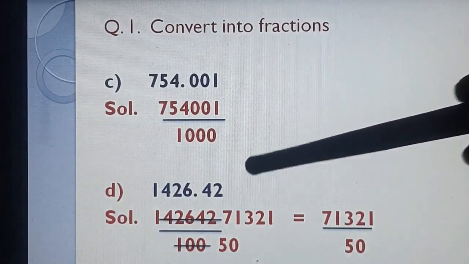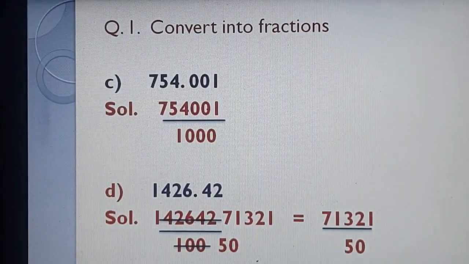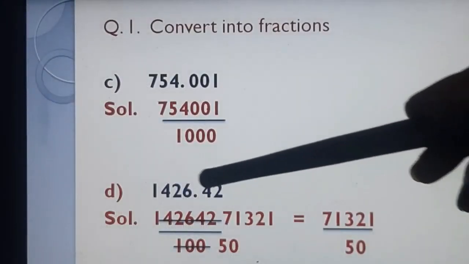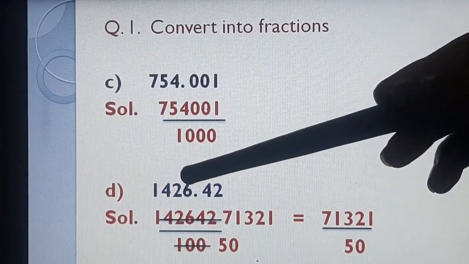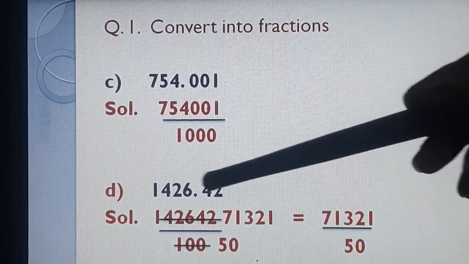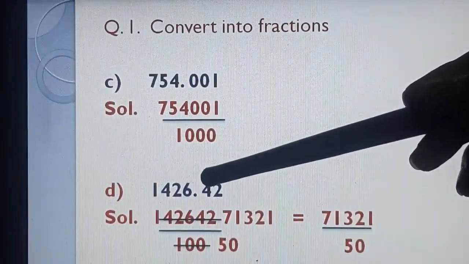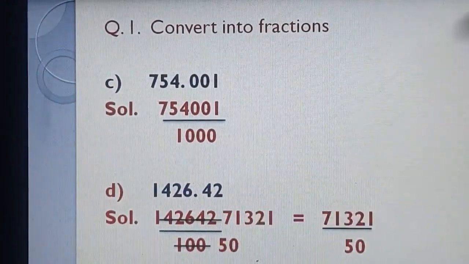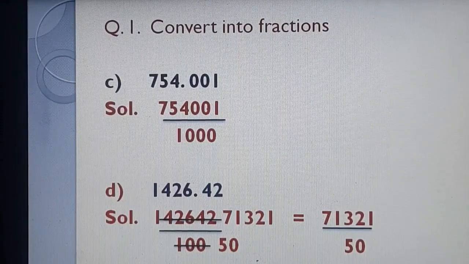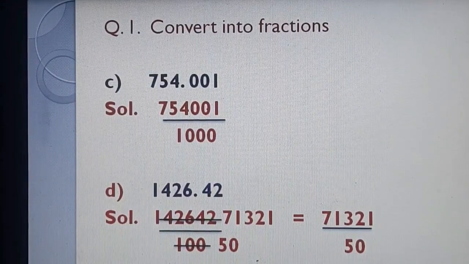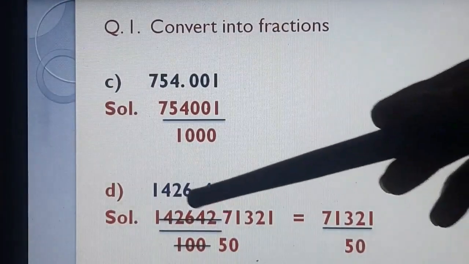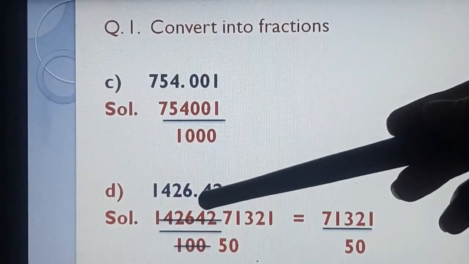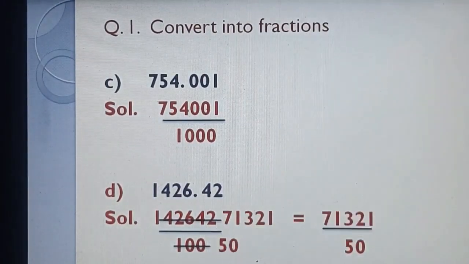1426.42. To write it in the form of a fraction, 1426.42 will become 1,42,642 upon 100. Again cancellation is there with 2.